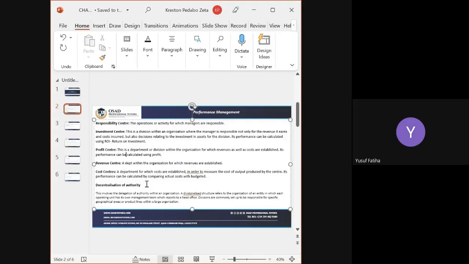So moving on, we have something called decentralization of authority. This involves the delegation of authority within an organization. A divisionalized structure refers to the organization of an entity in which each operating unit has its own management team, which reports to the head office. When we say decentralization, we are talking about breaking something down into groups or departments. Everybody is coming together to achieve a particular goal, but it has been divided.